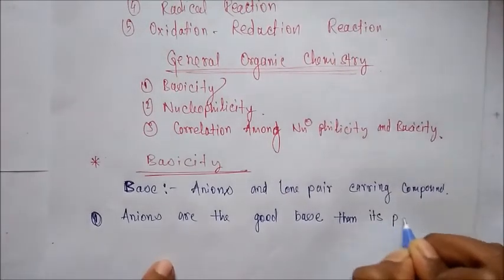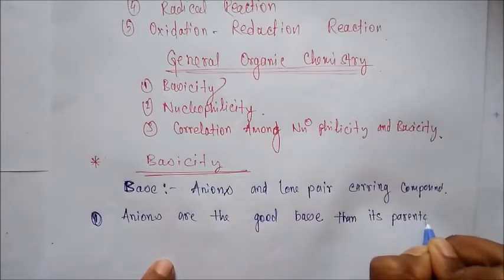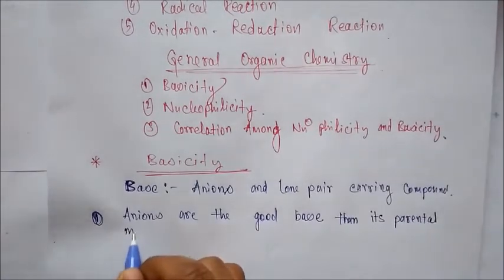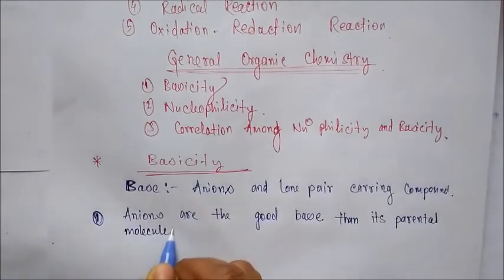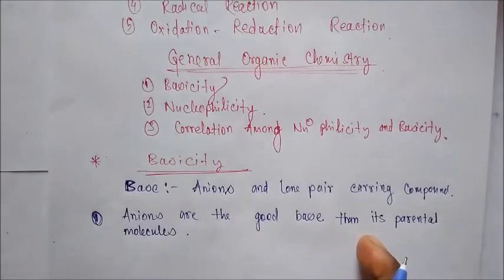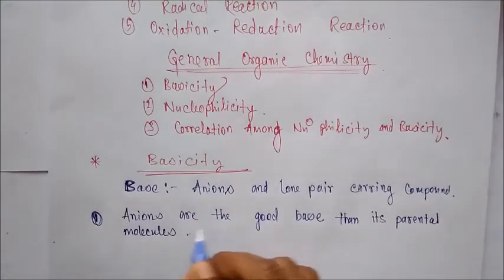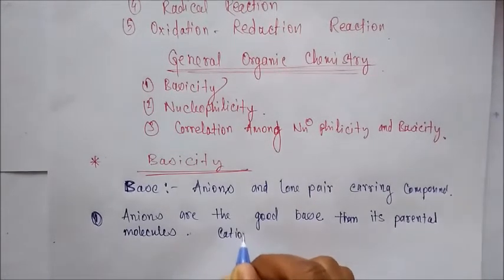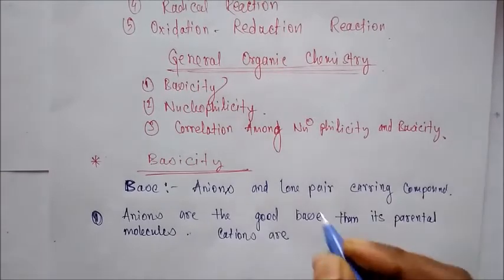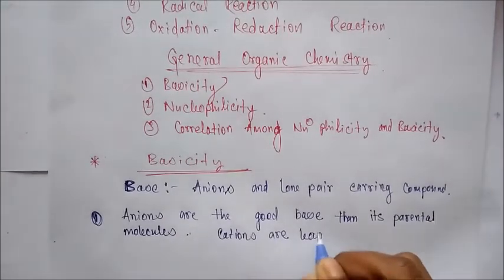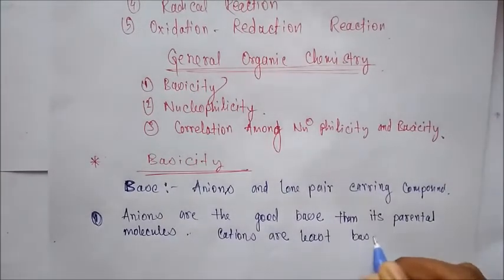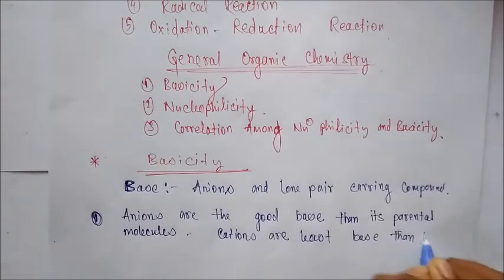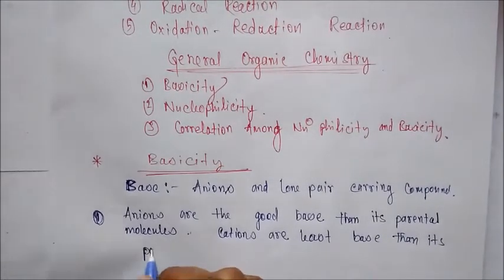Anions are the good base, then its parental molecule. So also we can write that cations are the least base, then its parental molecule.